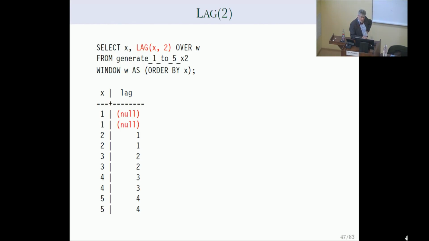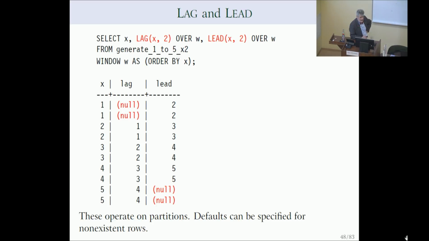I can do lag 2, give me the row 2 before mine. In this case, the first 2 rows do not have a row 2 before them, but the other rows do. So it effectively shifts everything down. I can do lead. So this is a query that does a lag of 2, which means give me 2 before, and it also does a lead of 2, give me 2 after.